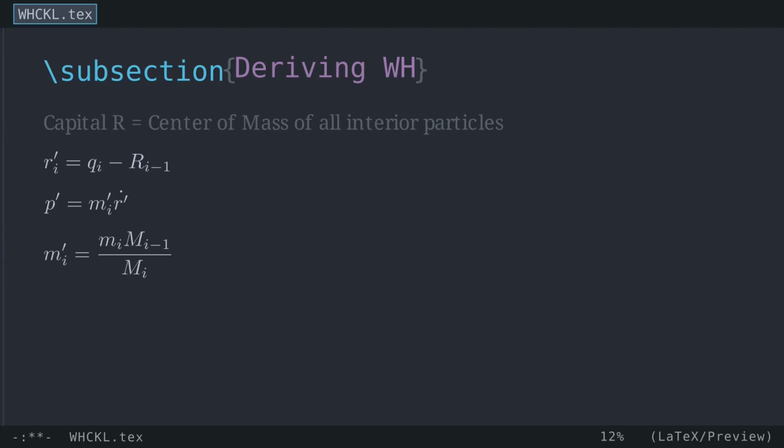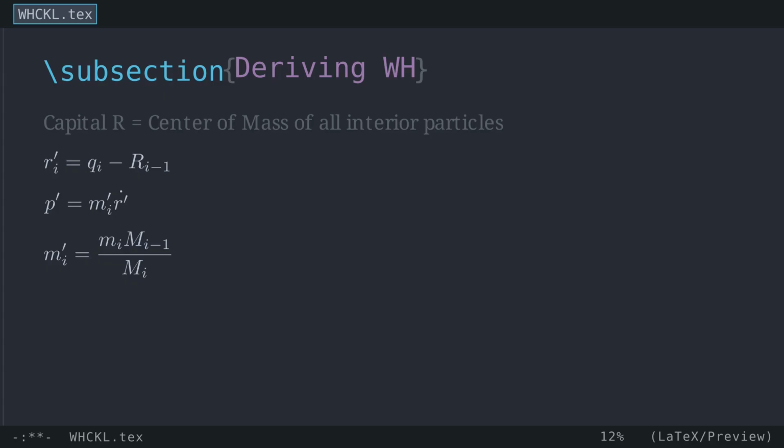Where the center of mass of our particles interior of the ith particle is R, thus their coordinates become this new r, which is equivalent to the original r minus this capital R that we have defined. Because the Jacobi coordinates are linear functions of Cartesian, the rest of the quantities, such as velocity and acceleration, change in the exact same way.